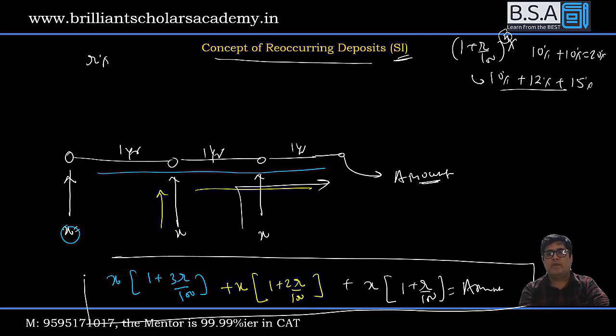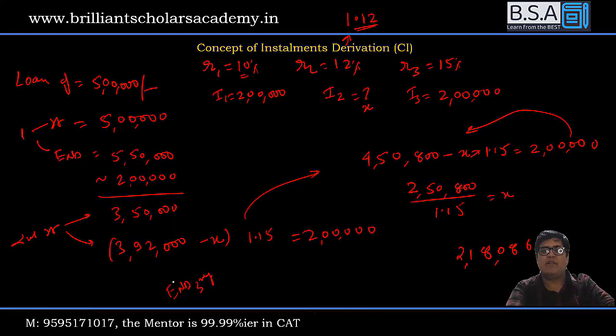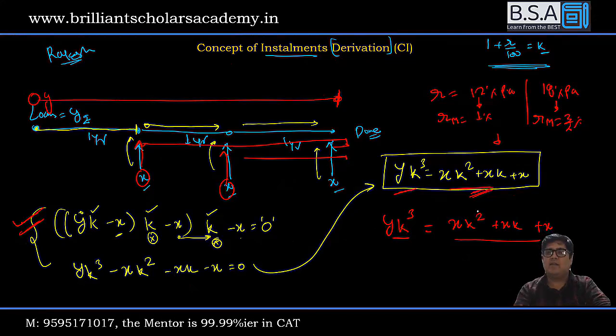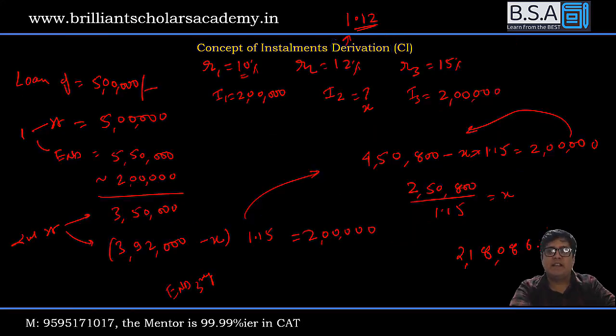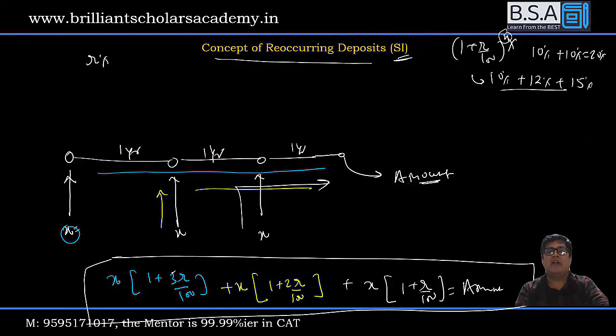So here, this number n is not in the power, but in front of R. See, in the previous case, this number was in the power, the number of years. How many years is the loan taking to mature? 3 years. So 3 was in the cube format. In this case, 3 will be in front of R, because here R is not multiplied, R is added.